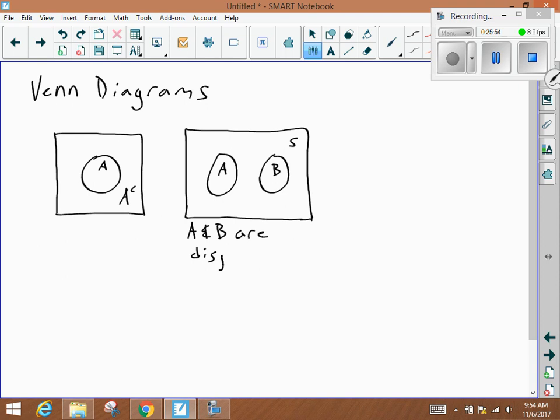What's another word for disjoint? Not the same. They can't overlap. Yep. Or they're mutually exclusive, right? So I'm going to try to use those two words interchangeably.